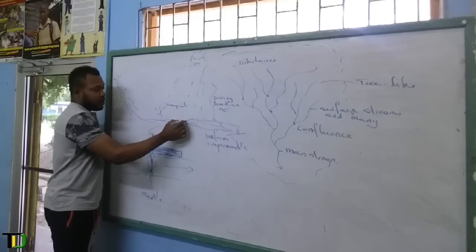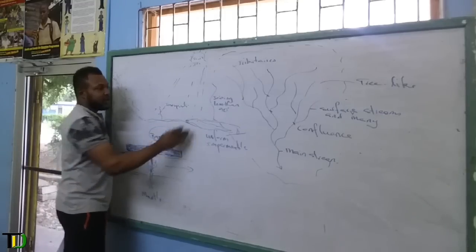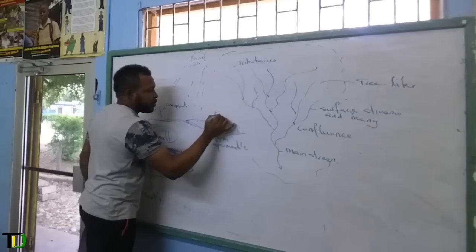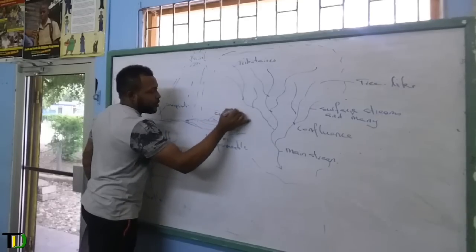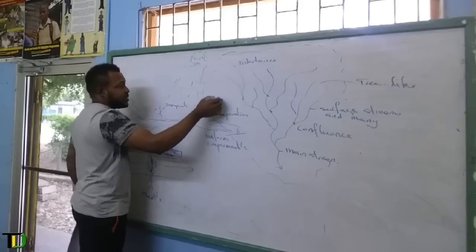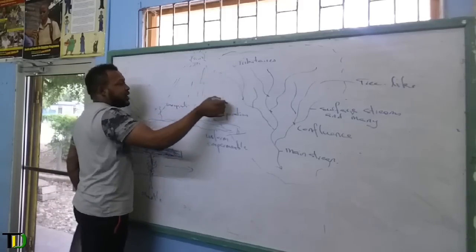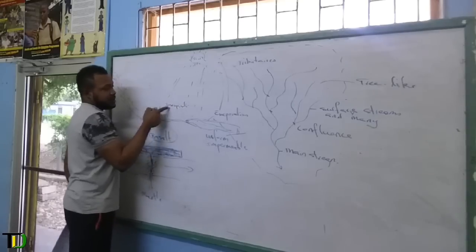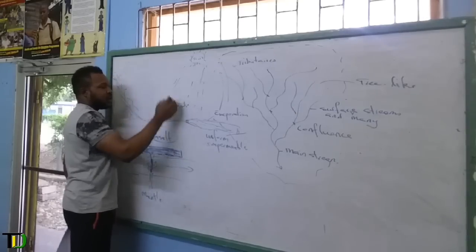Some of the water is converted into a gas. And this now is evaporation, yeah? The gas now rises. As it rises, some of the water that was lost from the plant is also converted into a gas.